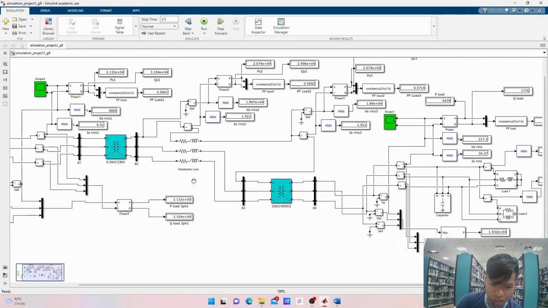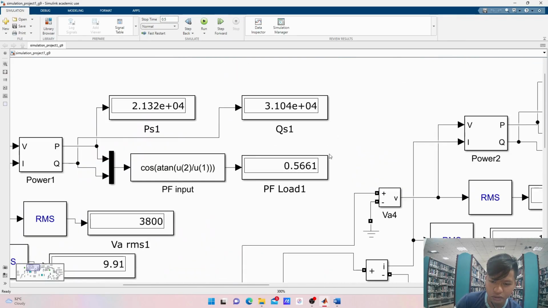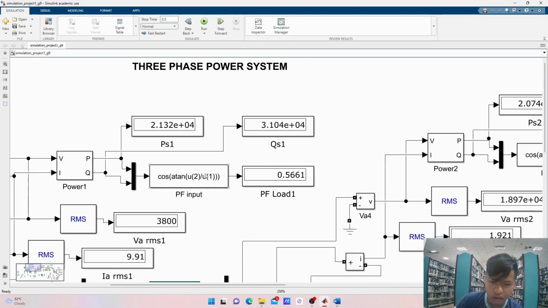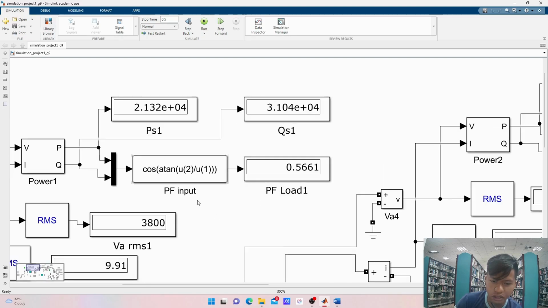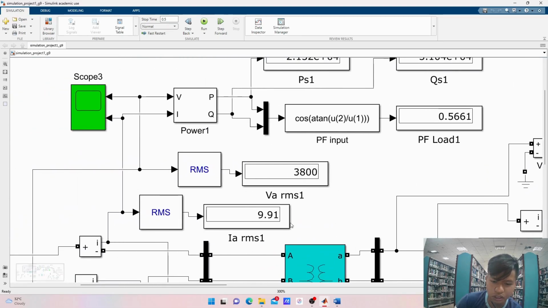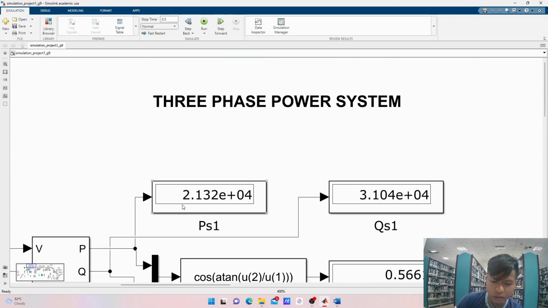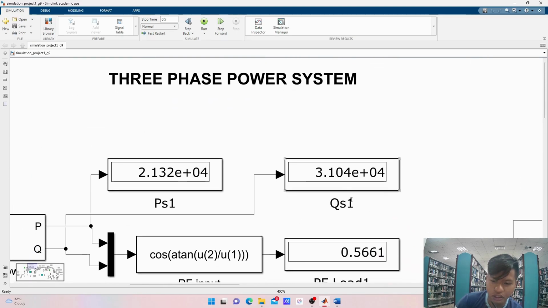By adding the power capacitor, the value of the power factor will increase. When we increase the power factor, all the values in the formula used to find the power factor will increase, such as voltage, current, real power, and reactive power.